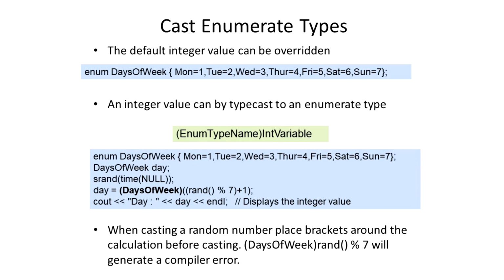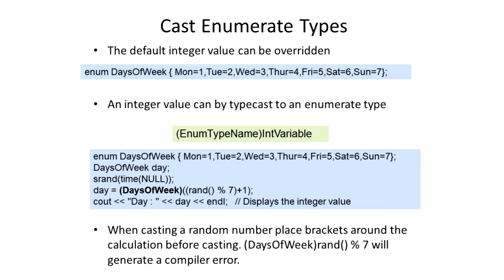That will give us an integer between 1 and 7, adding 1 to change it from 0 to 6 to 1 to 7. And then we cast that. Remember casting? This is actually an explicit cast where we define the type, our enumerate type, that is, days of the week, that we want to convert this number to.